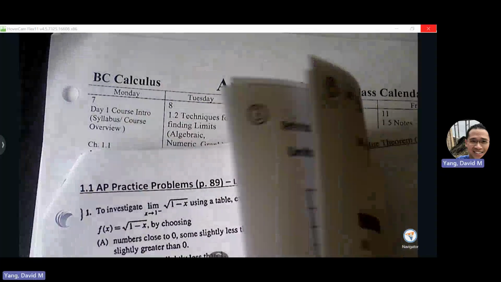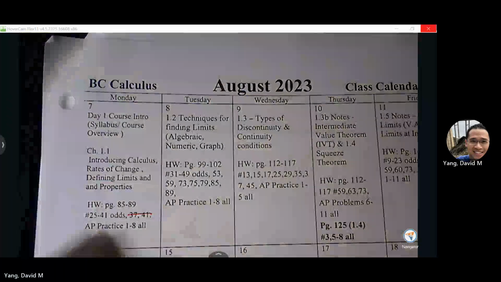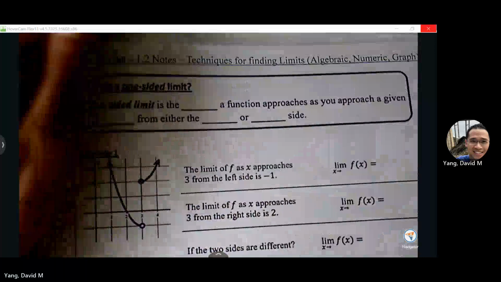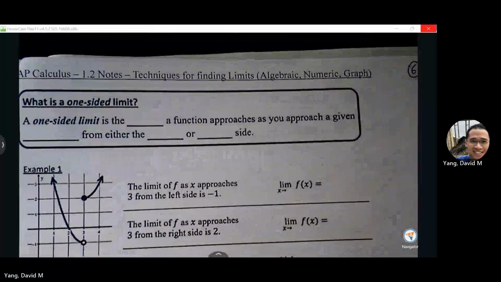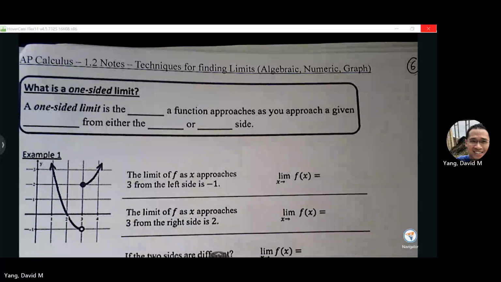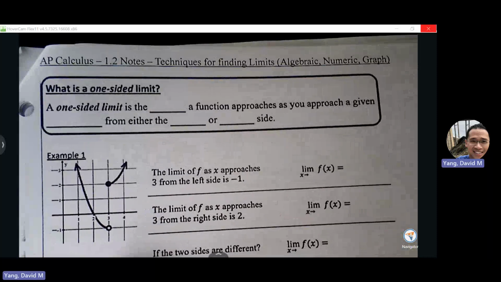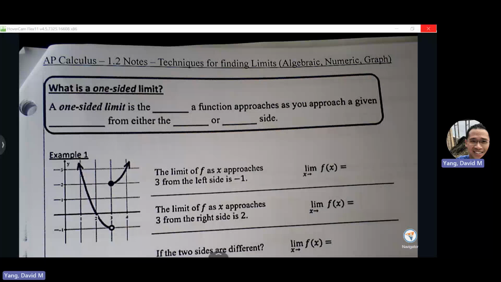Okay, so page 6. A one-sided limit is not a true limit. It only tells us about the approach from one side or the other.